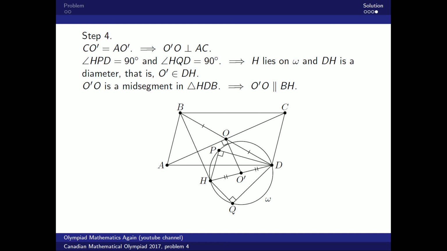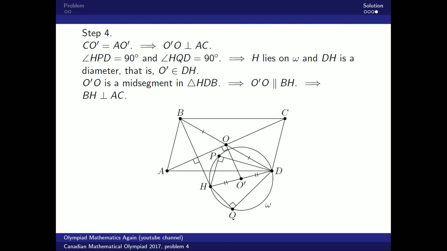This is the first line on this slide on top. So we have two parallel lines, O'O and BH. One of them, O'O, is perpendicular to AC, but then we conclude that the other one, BH, is also perpendicular to AC, right?